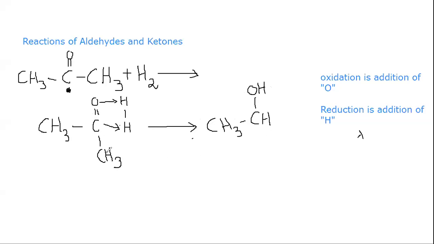Now this carbon still contains that CH3, so I'm going to place the CH3. So what type of alcohol is this? This is a secondary alcohol. Clearly, you guys can see ketones on reduction will give you secondary alcohols.